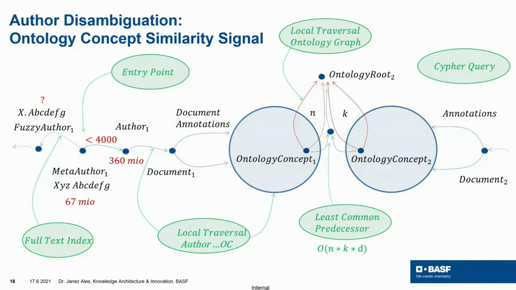You can be pre-computing for every pair of ontology concepts, maybe, as I said, a huge disk footprint in terms of memory. So we are dealing with this on the fly. And can we do it? Well, imagine one ontology concept. How many paths to the top, to the ontology root, does this ontology concept have?